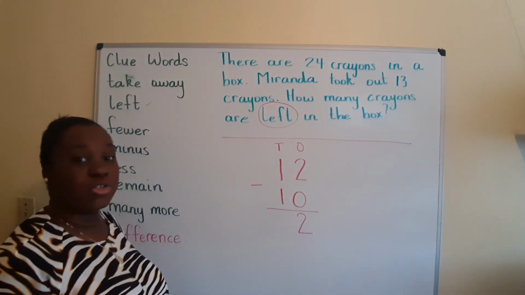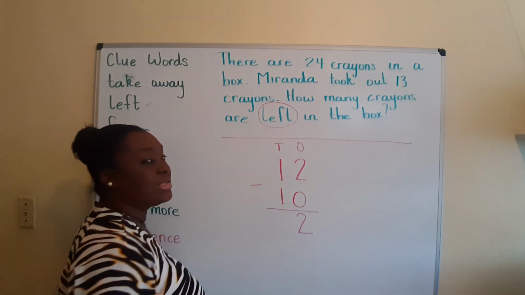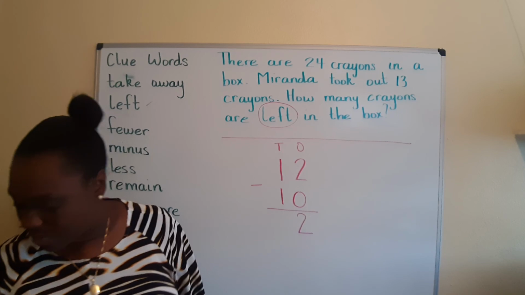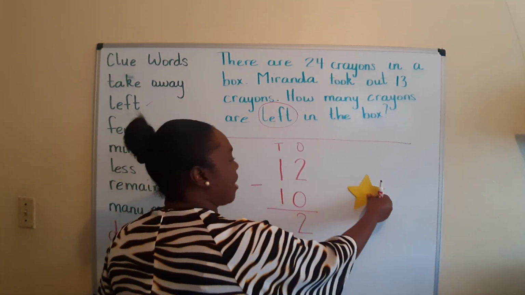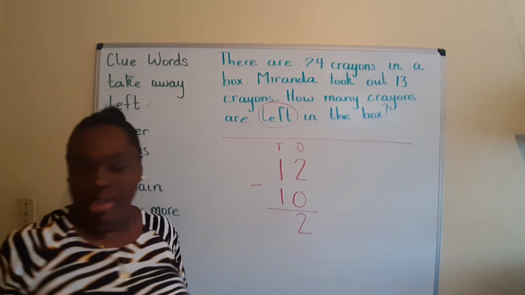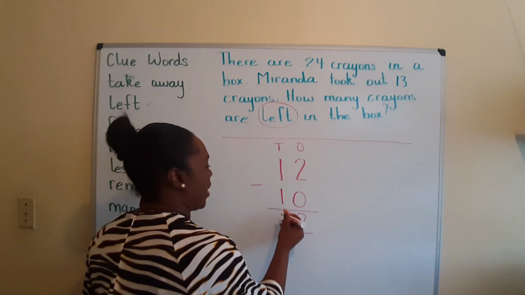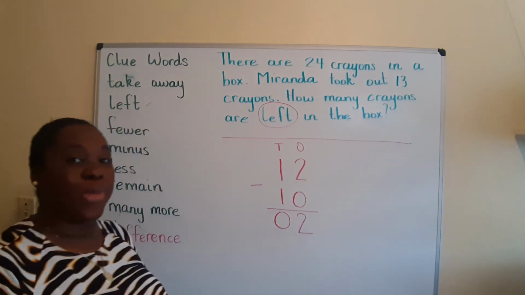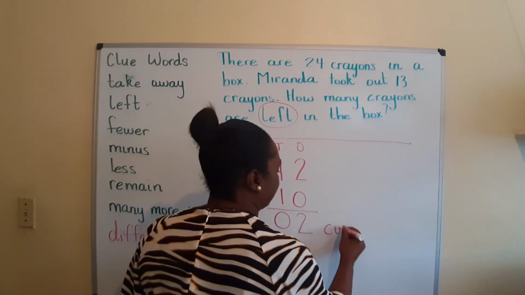Now we can move on to the tens place. 1 take away 1 is equal to, if I have 1 star and I take it away, I have 0. So 1 take away 1 is equal to 0. How many cupcakes remain? 2 cupcakes.